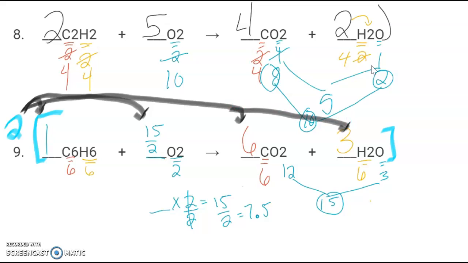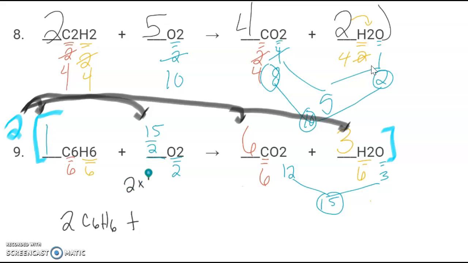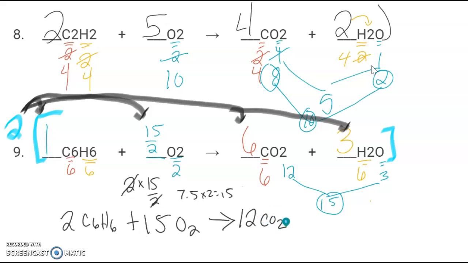So what we're going to come up with, and we'll look just underneath for a second, we will have 2 C6H6 molecules, plus 2 times 15 over 2, the 2's will cancel, and that just becomes 15. Or if you have 7.5 times 2, that's also 15. So we're going to have 15 O2s, which is going to create 12, 2 times 6, carbon dioxides, plus 6 water molecules.